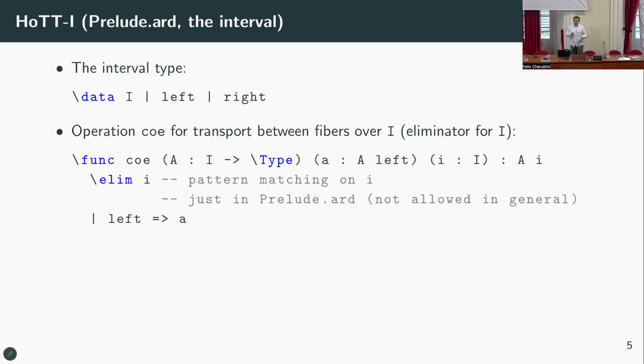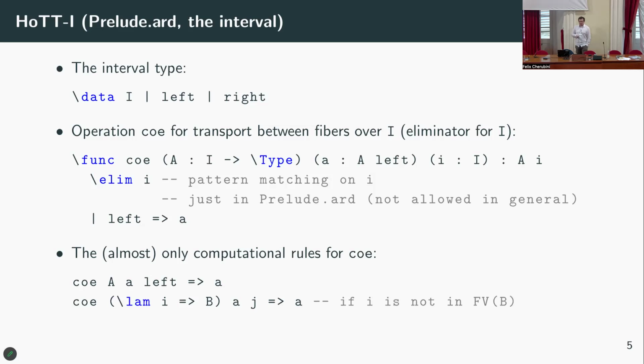We have something like cubical transport for it, or an operation which you can think of as an eliminator, which is called coe. So we do pattern matching on this interval variable, which is in general prohibited, and say that, well, if you have something on the left side, it defines the whole function, and we get something at every point.